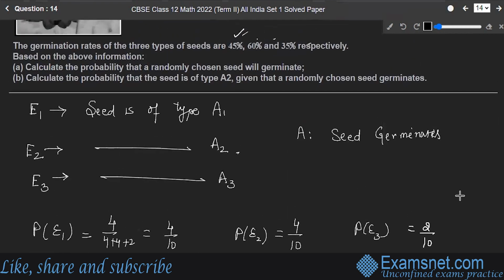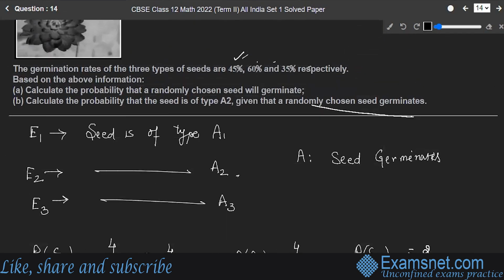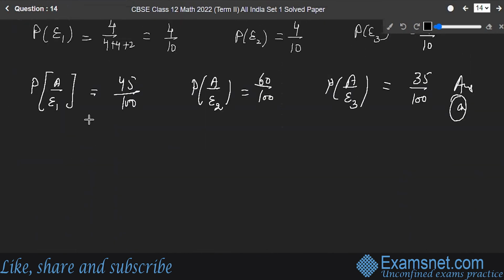Let's go with the B part now. Calculate the probability that the seed is of type A2 given that a randomly chosen seed germinates. So what we needed is the probability that the seed is of type A2 given that the randomly chosen seed germinates. Fine.